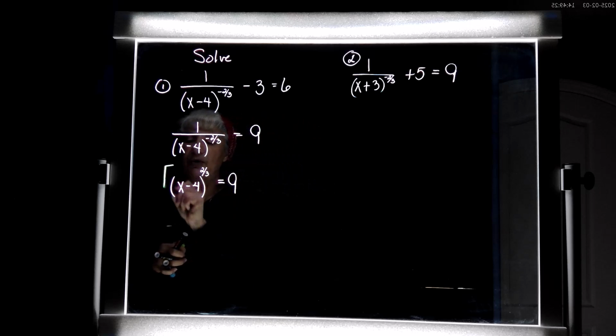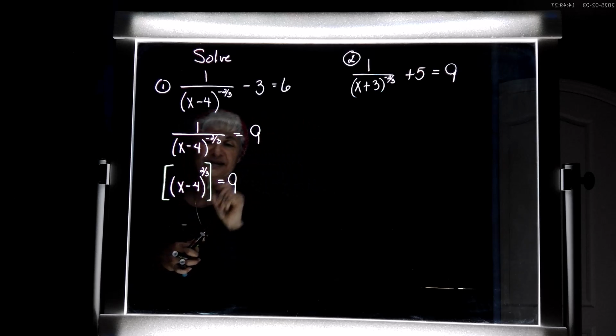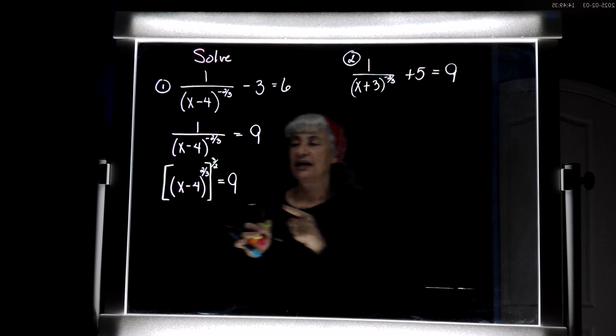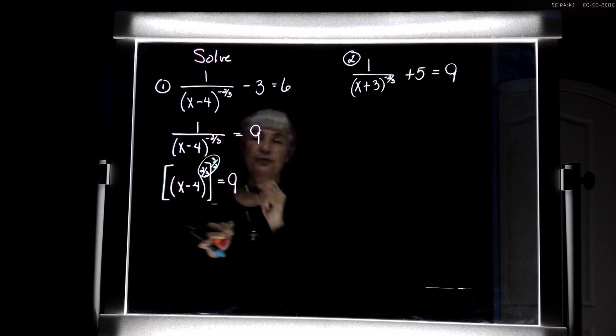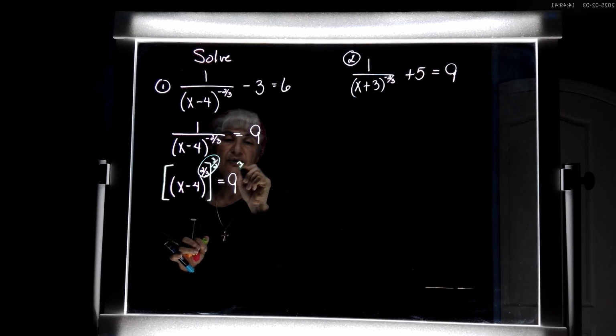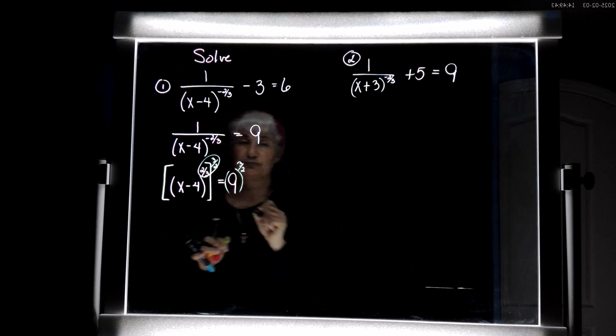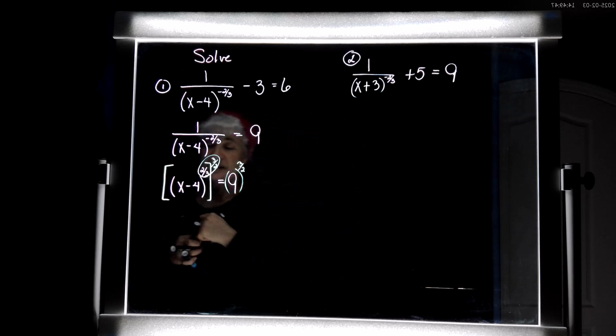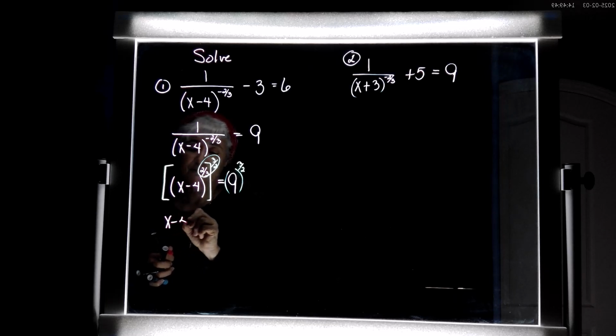But since it's a power, we're going to raise this side to a power, and we're going to raise it to 3 over 2 because that's the reciprocal of 2/3. And when you multiply through parentheses, they will cancel. But when you do it to one side, you have to do it to the other side. Remember? Okay. So on the left, it's simply x minus 4.